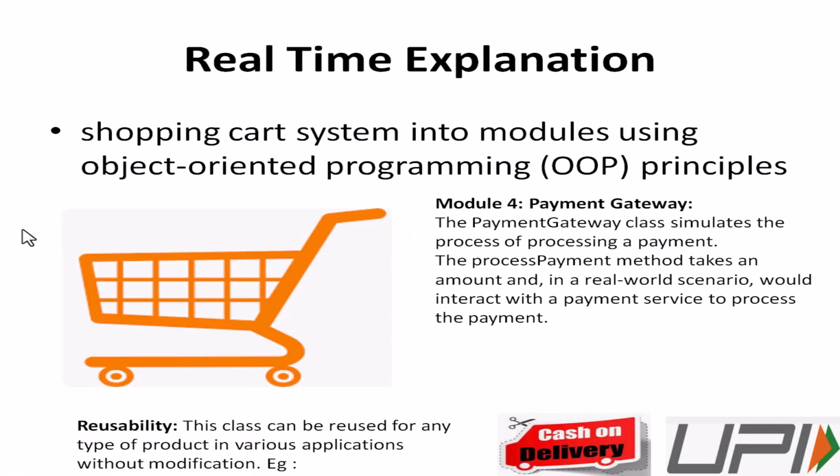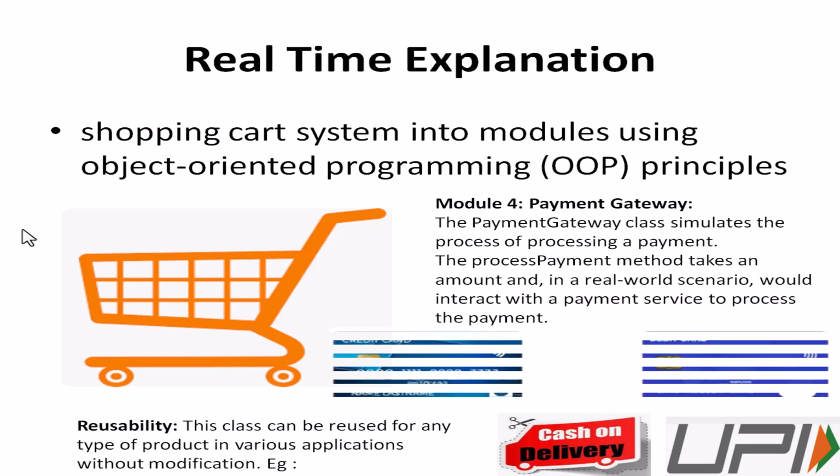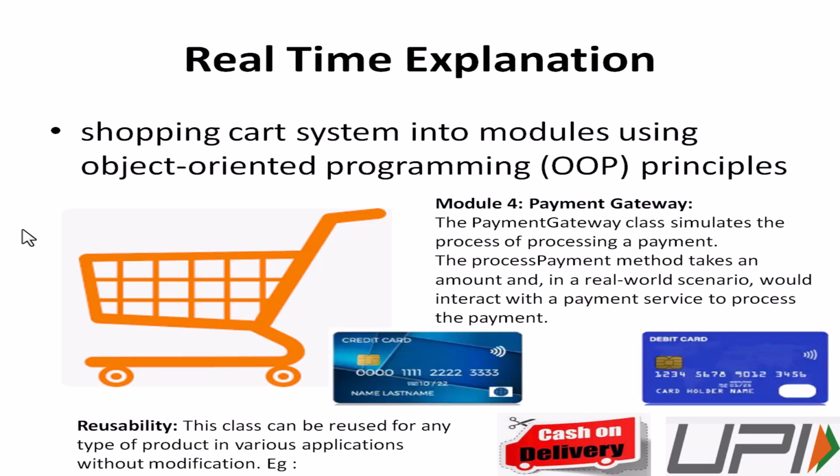So module 4 is the payment gateway. How can you achieve reusability? The payment gateway class simulates the process of processing payment. A process payment method takes an amount and, in a real-world scenario, would interact with the payment service to process the payment. For example, earlier the payment options were debit card, credit card, and cash on delivery.